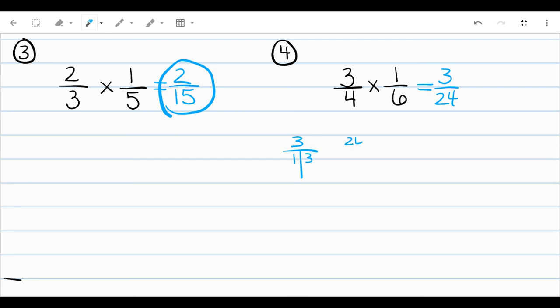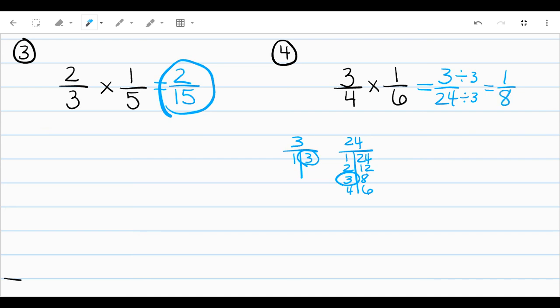And my factors of 24 are 1 times 24, 2 times 12, 3 times 8, and 4 times 6. So we have a common factor in these two: we have a 3 here and a 3 here. That means I can divide both the numerator and the denominator by 3 to simplify. So 3 divided by 3 is 1. 24 divided by 3 is 8.